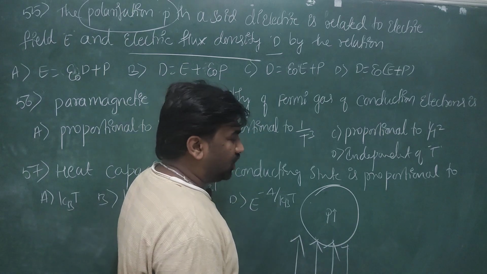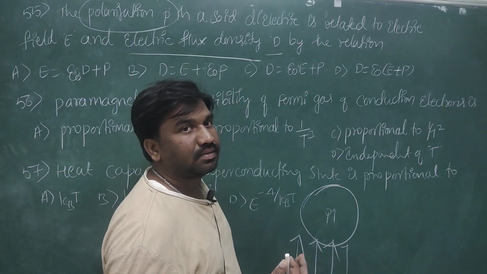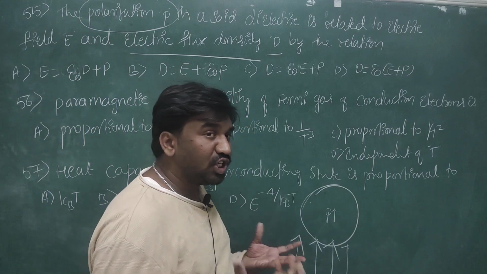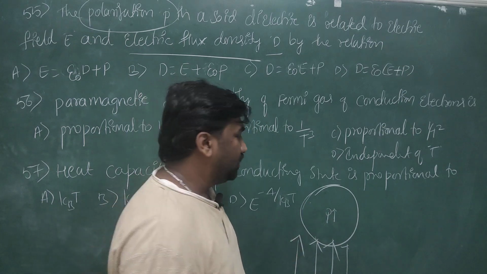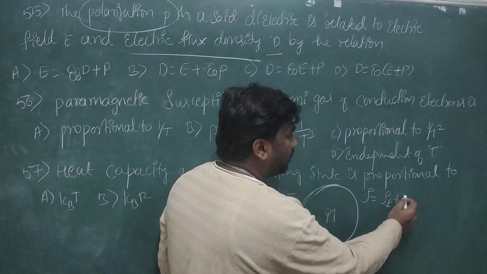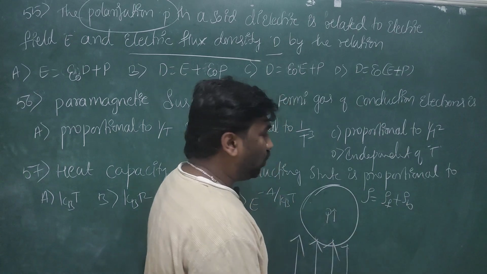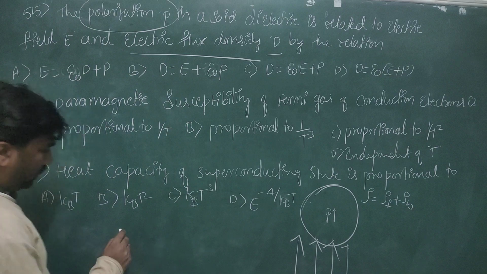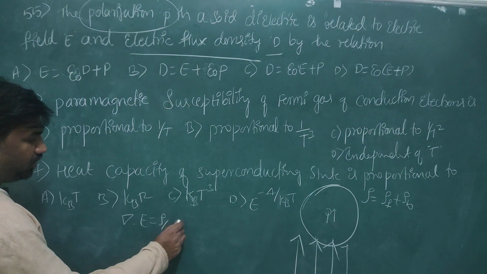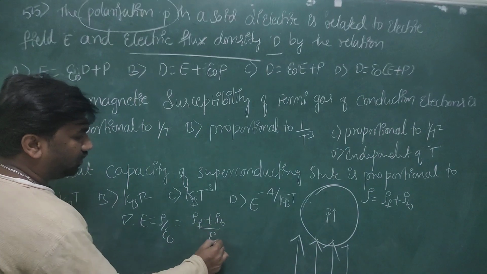and this polarization is directly proportional to number of charges. So there are two types of charges in this dielectric material. One is bound charges, another one is free charges. So therefore the net density of the charge is rho f plus rho b. This is free charge and this is bound charge. We know that del dot E is equal to rho by epsilon naught, which is equal to rho f plus rho b divided by epsilon naught.